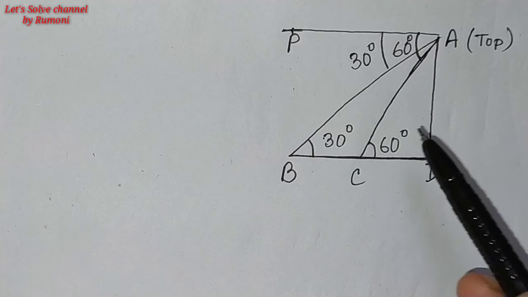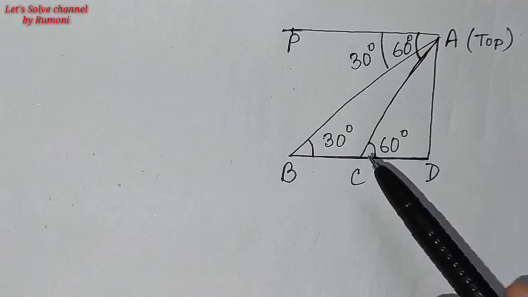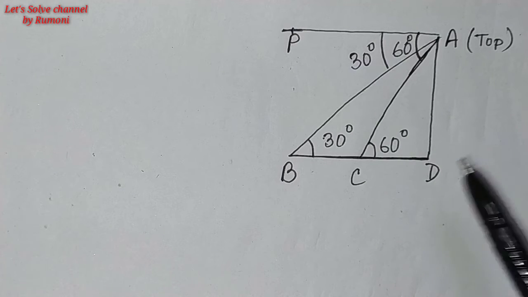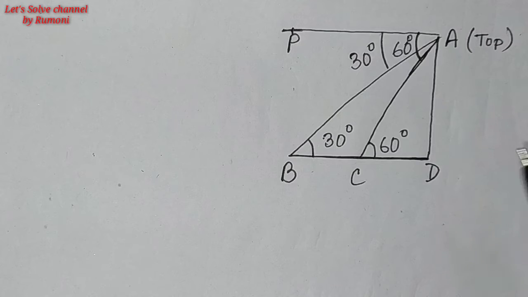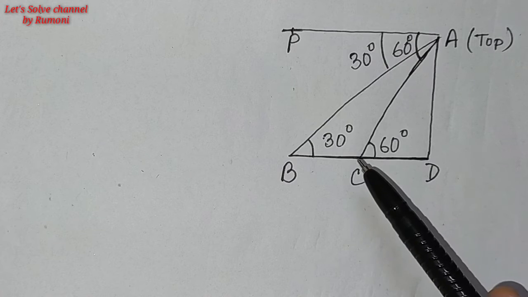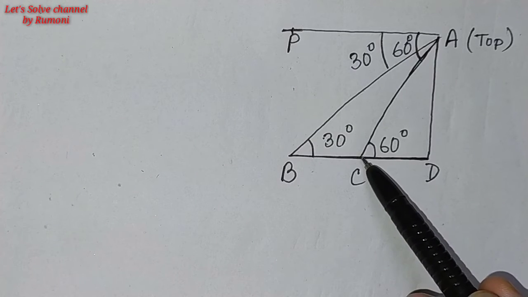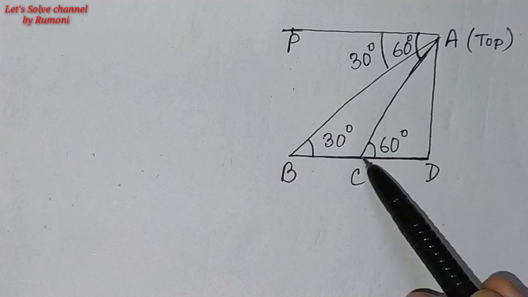Now it is given in the question that 6 seconds later, the angle of depression of the car is found to be 60 degree, and you need to find the time taken by the car to reach the foot of the tower from this point. That means you need to find the time taken by the car to reach this one, this CD.